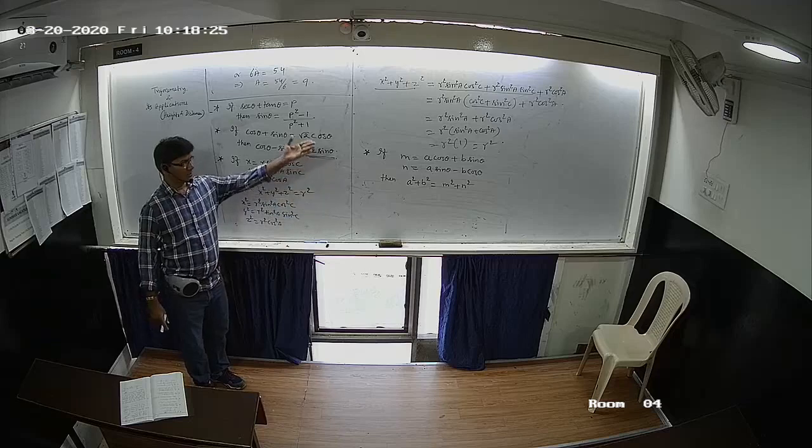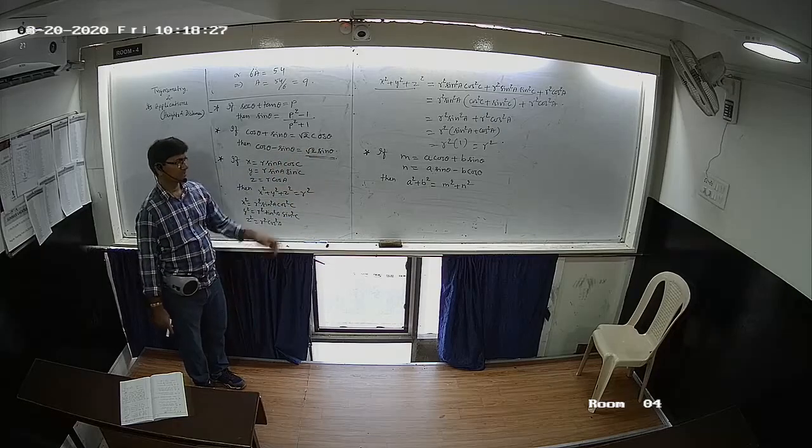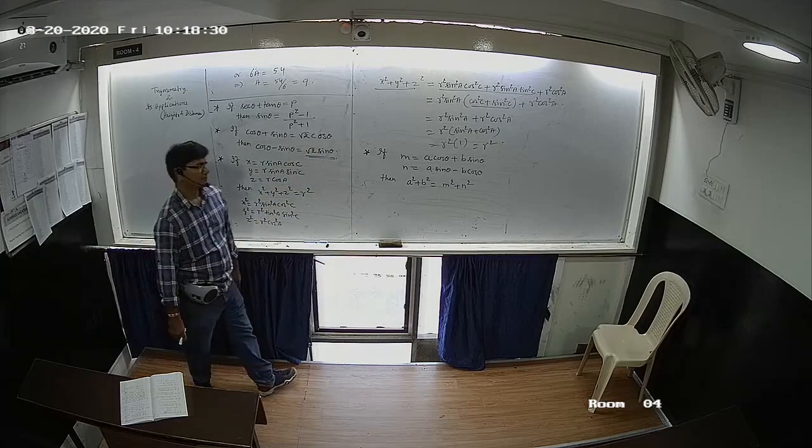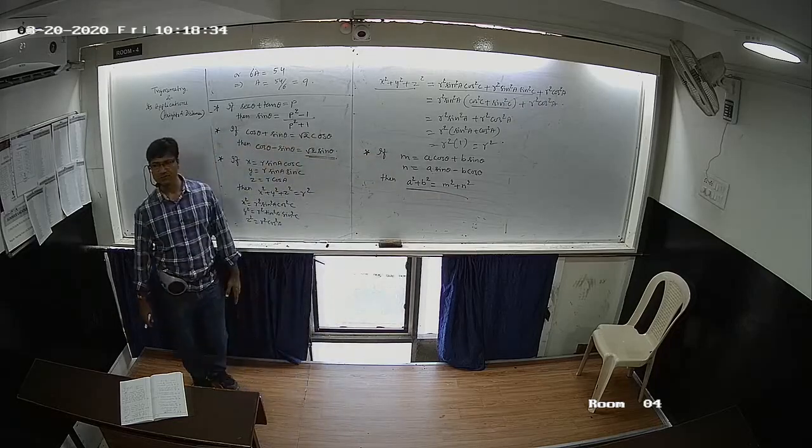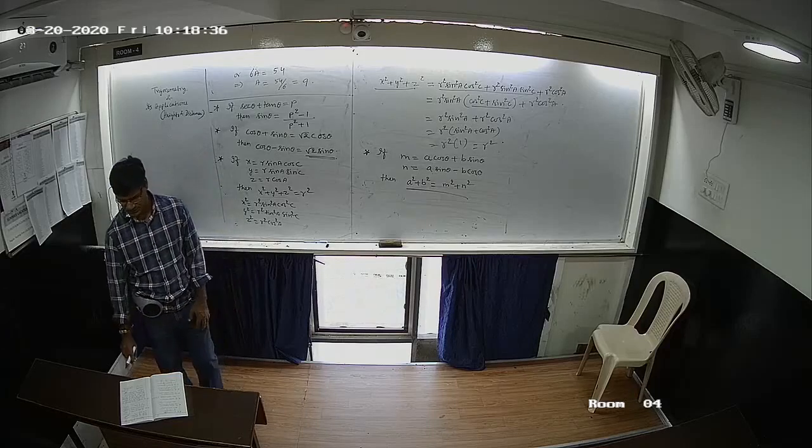This also, if you square it on both the sides and add them, will come to this result. A square plus b square is equal to m square plus n square.